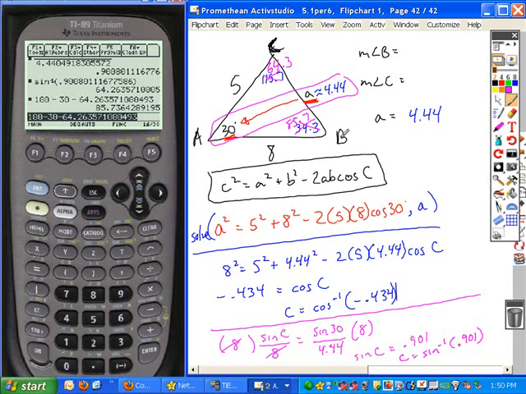Because that means your smaller angle is guaranteed to be acute, right? Because you can't have two obtuse angles. So if you find the smaller of the remaining angles, then you don't even have to worry about the fact that the inverse sine might give you the wrong angle. Okay, so you can still use law of sines, but if you use law of sines, you have to find the smaller of the remaining angles first. Okay, does that kind of make sense?